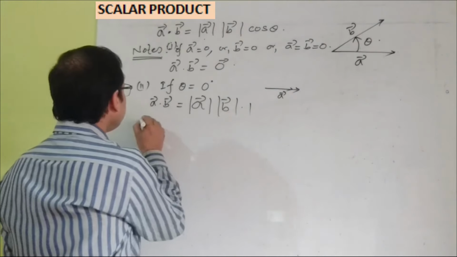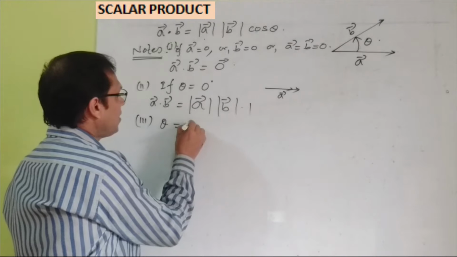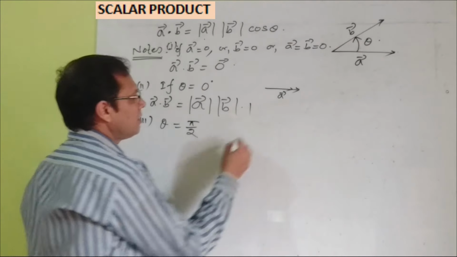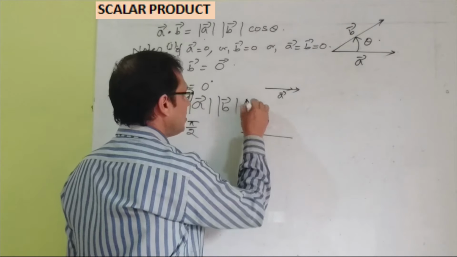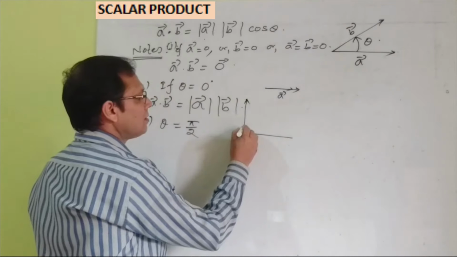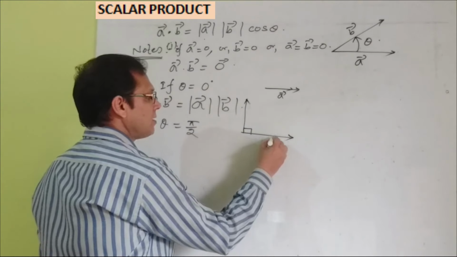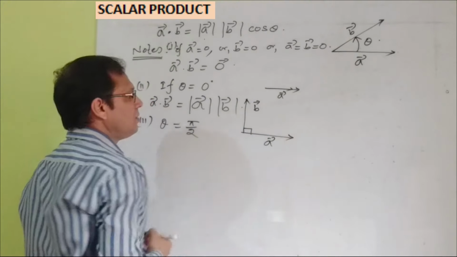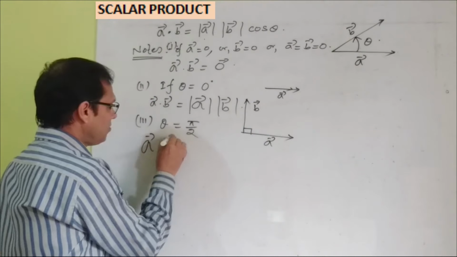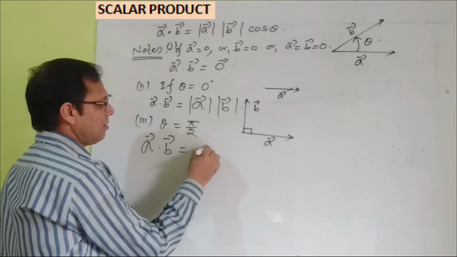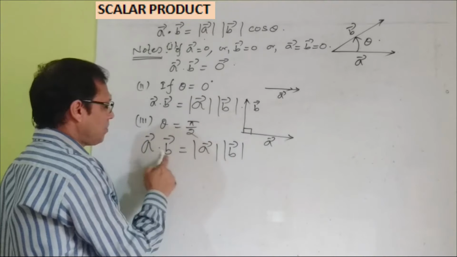So when theta is equal to 0 degree, their dot product is equal to the product of their magnitudes. Okay, now we'll take the third note, that is if theta is equal to pi by 2, then what will happen? That means one vector is like this, another vector is like this, they are perpendicular, that means 90 degree. This one is a vector and this one is b vector. Then a vector dot b vector is equal to a vector magnitude b vector magnitude cos pi by 2.